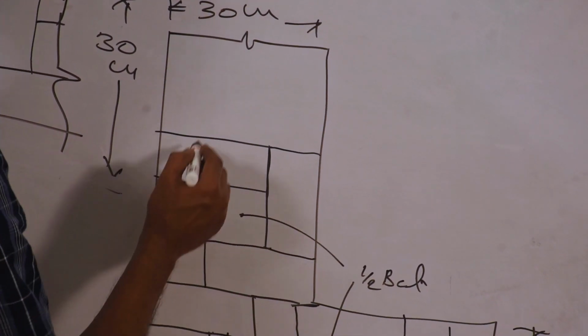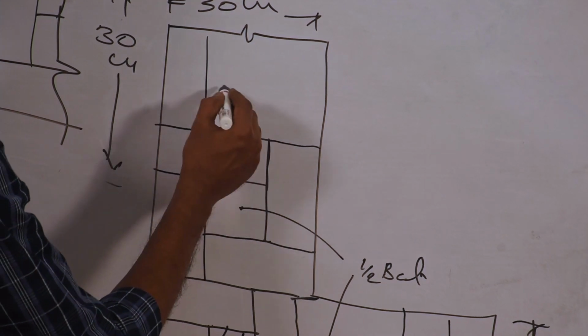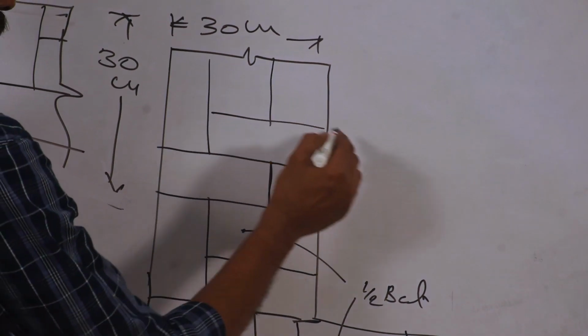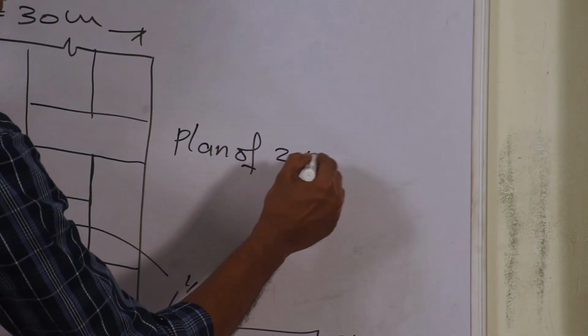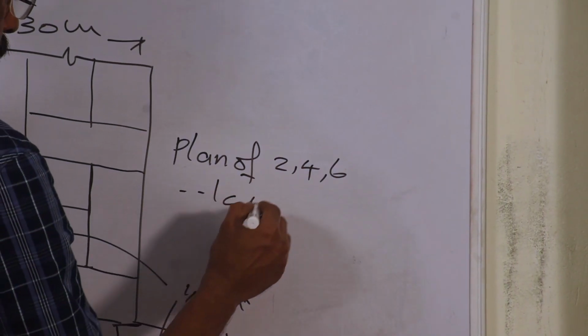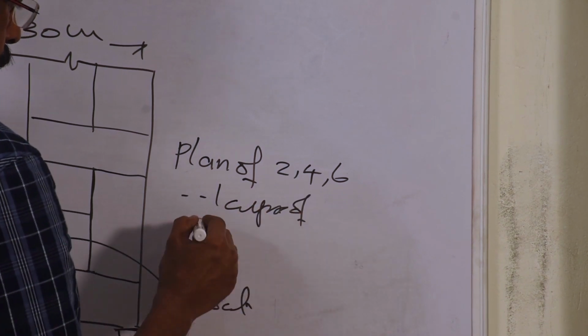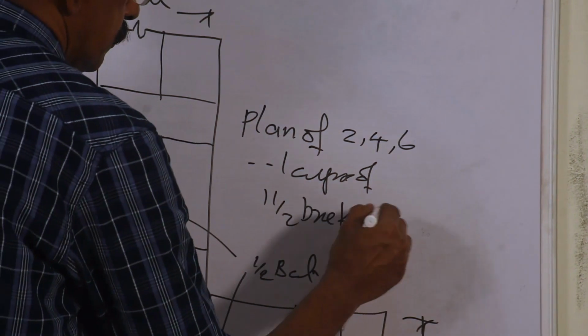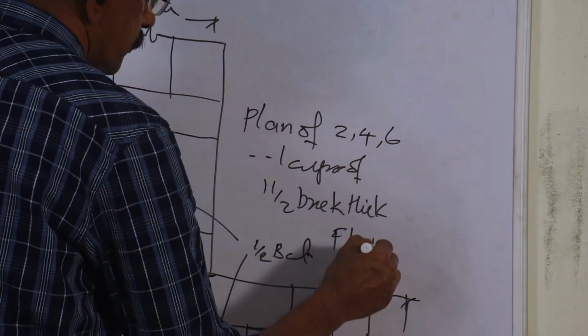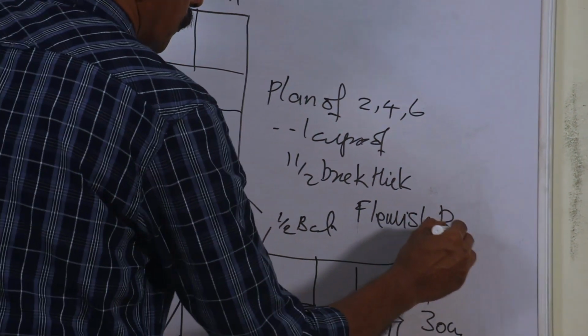So half bat. So this will continue. So this is the plan of 2, 4, 6 layers of 1.5 brick thick Flemish bond, 30 centimeter Flemish bond.